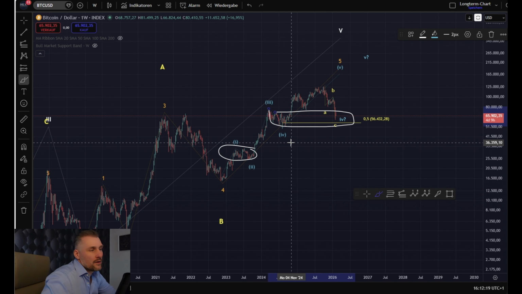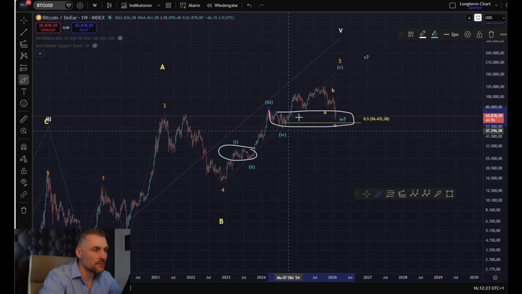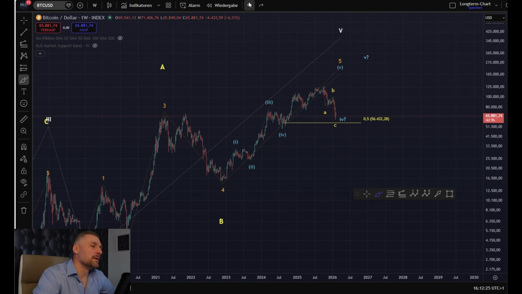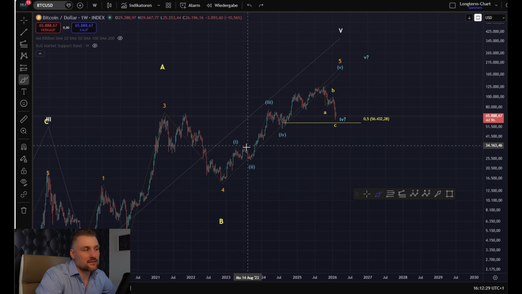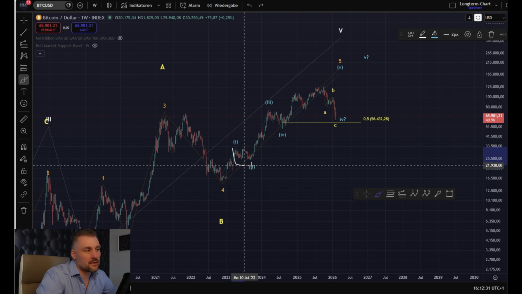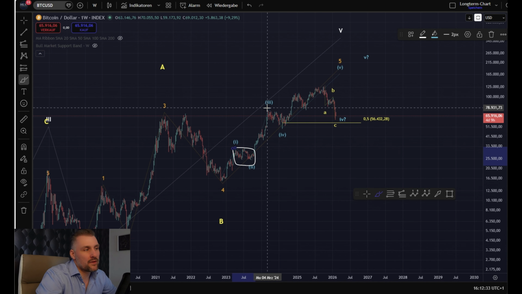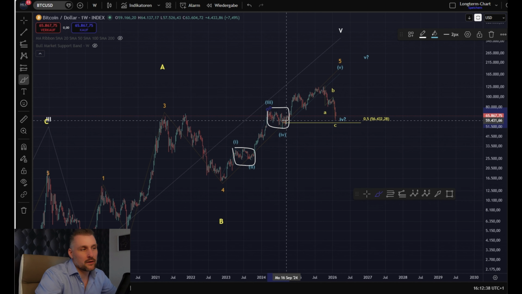And wave 4 most of the time has the same length as wave 2. So it would make more sense, when we compare the lengths here of wave 2 with the lengths here of wave 4, that we already got the wave 4 here.